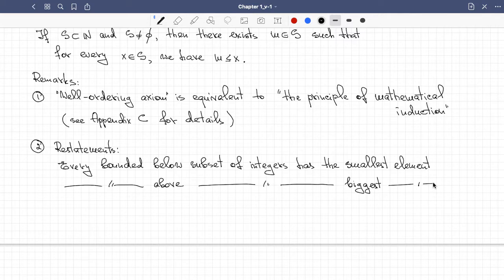Is 99 one of them? Yes, then this is the biggest element. No, go a step down, 98. If 98 is not a member, go down to 97 and continue.